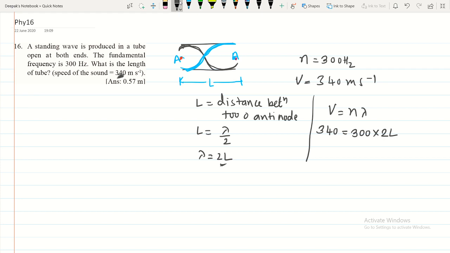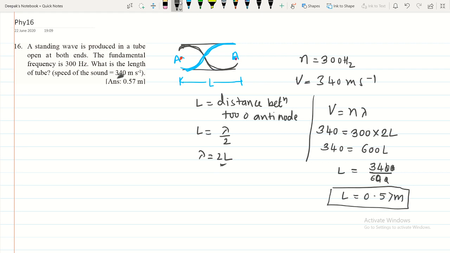We wanted to find L, so 340 will remain as it is. 300 into 2 is 600 L. Take L to this side, so L equals 340 divided by 600. The zeros will get cancelled. Now if you divide 34 by 60, this value will be 0.57 meters. So this is nothing but the answer of your question, right?